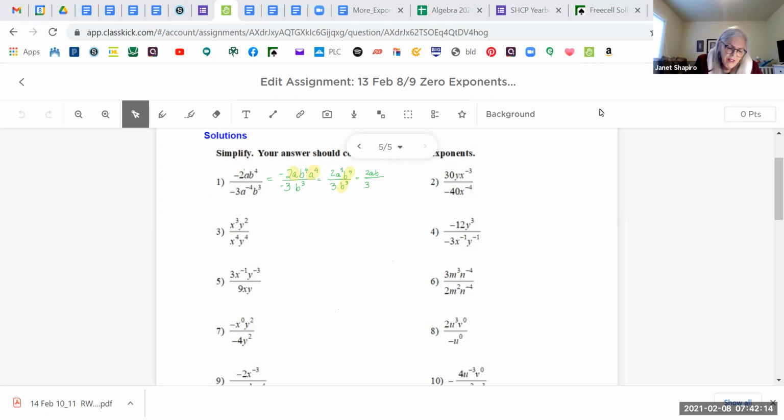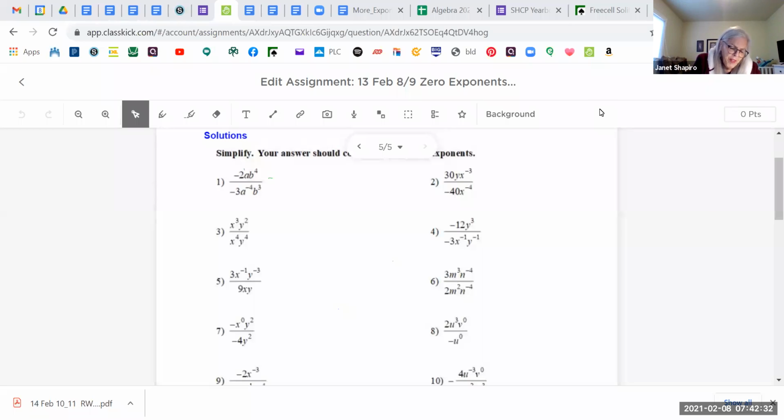I'm going to erase this and show you another way of doing this same problem. Okay, and that would be to just straight up do the subtracting of exponents for division.